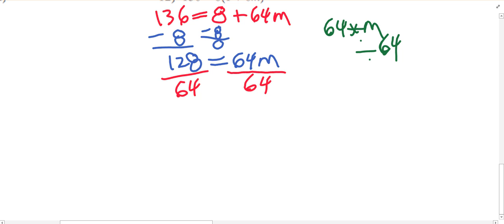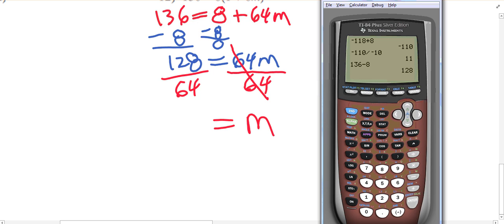So we have 64 divided by 64, and that equals 1. And 128 divided by 64. Now let's just punch that up to see what we get. So we have 128. Divide that by 64 positive, and we get positive 2.